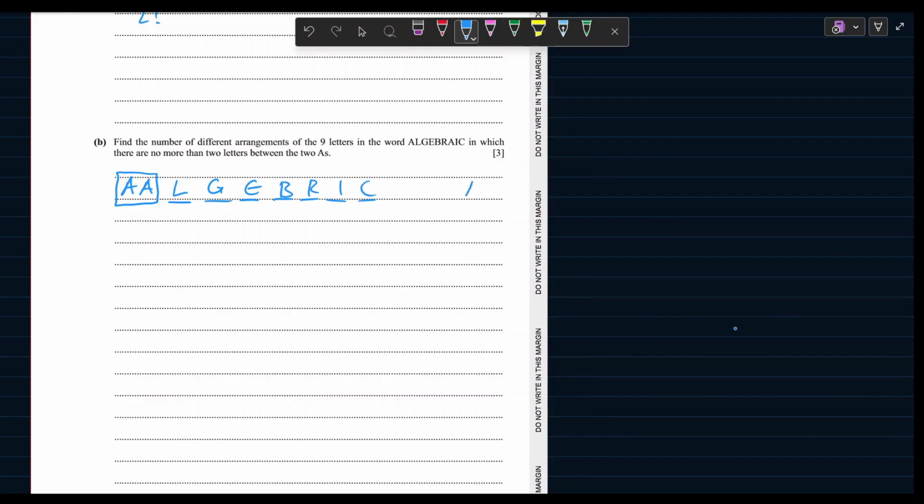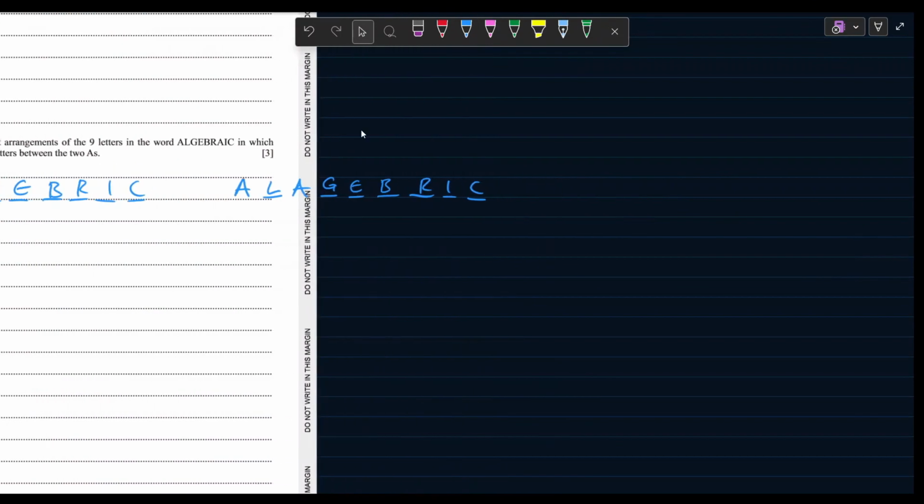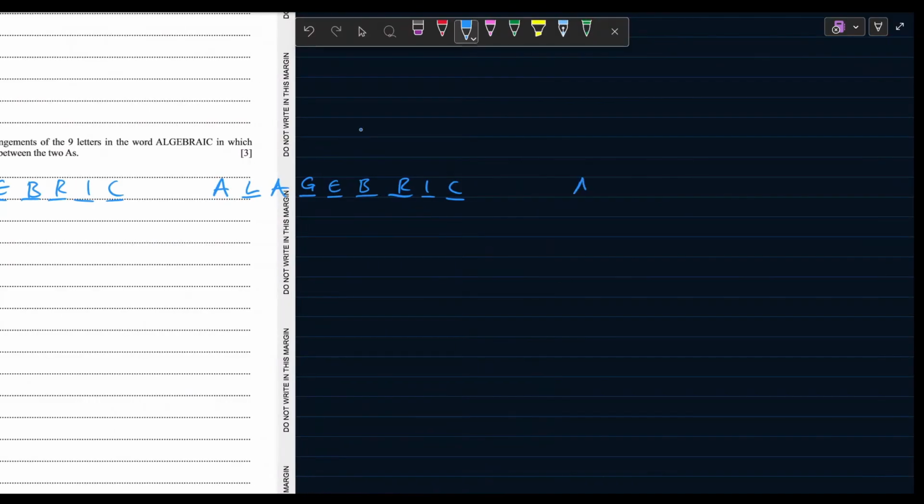Or alternatively, we could have just one letter between the A's. So I'll fix the position of the A's, and then we've got one letter in between, then the other 6 letters, 1, 2, 3, 4, 5, 6. Okay, so this could be L, and then this is G, then this is E, B, oh, B not R, B, R, I, C. Finally, we could have exactly 2 letters in between because they say not more than 2.